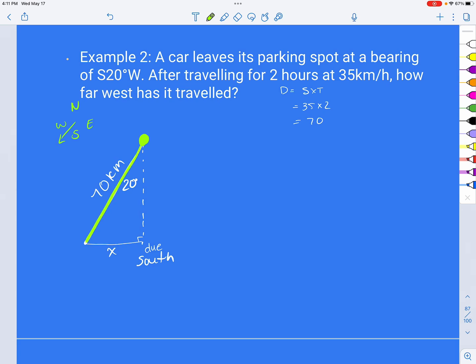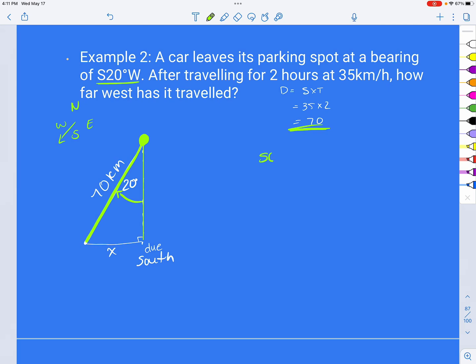The first thing I had to do is figure out the distance it was going. So I took the speed the car was traveling and multiplied by how long it traveled to get the 70. And then this south 20 degrees west means 20 degrees west of south. This line here is my due south. I'm going 20 degrees towards the west, so the 20 degrees goes in that angle there.